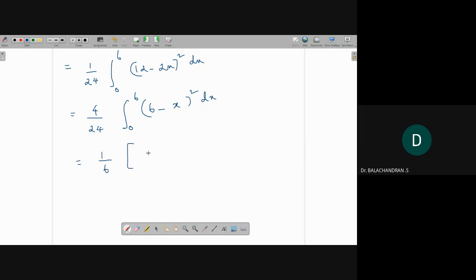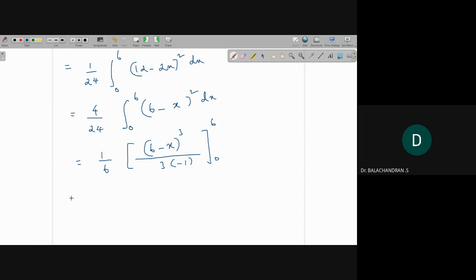If you integrate this, you'll get 6 minus x whole cube divided by 3 into, if you differentiate minus x, you'll get minus 1. The limit is from 0 to 6.